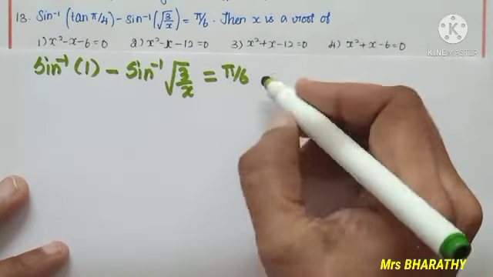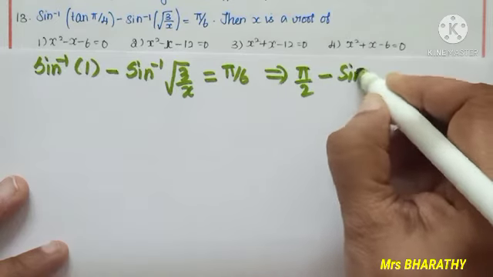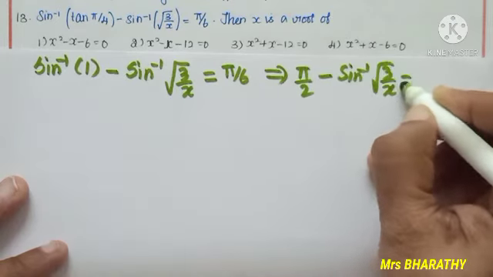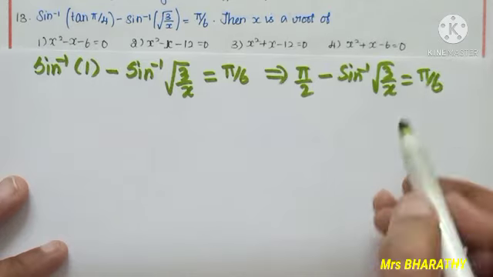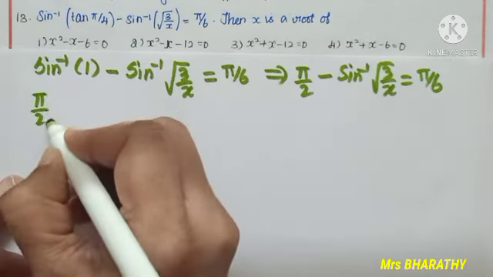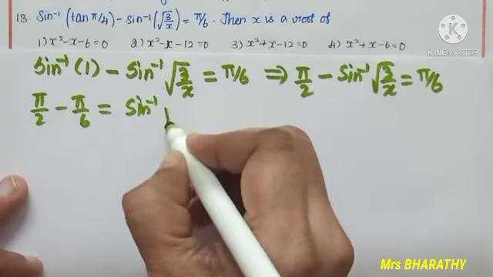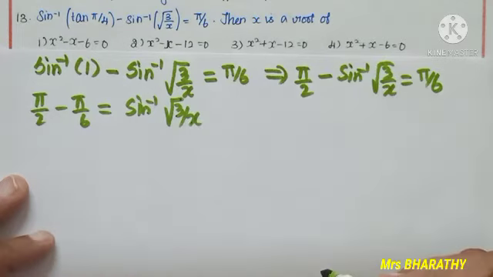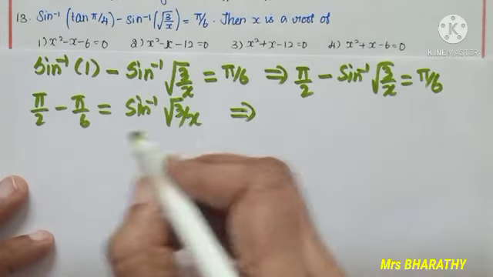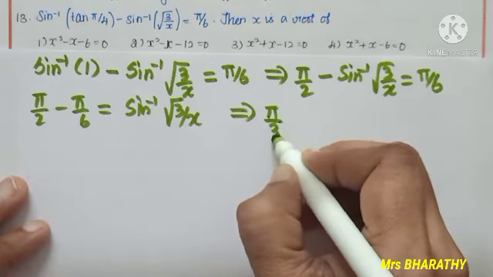We know sine inverse 1 is pi by 2, minus sine inverse root of 3 by x is pi by 6. Bring pi by 6 to the left and sine inverse to the right. Pi by 2 minus pi by 6 is sine inverse root of 3 by x. What is pi by 2 minus pi by 6? It is pi by 3.